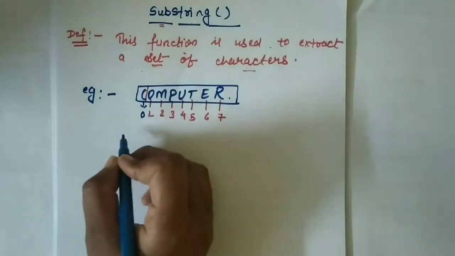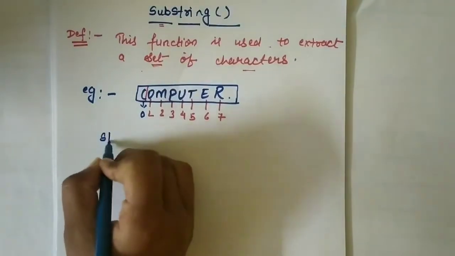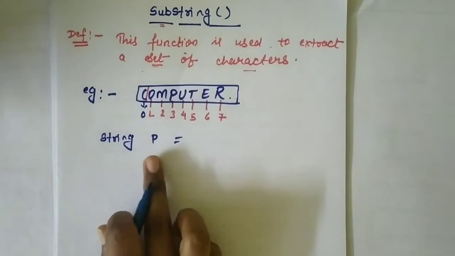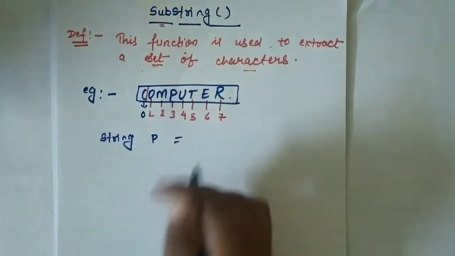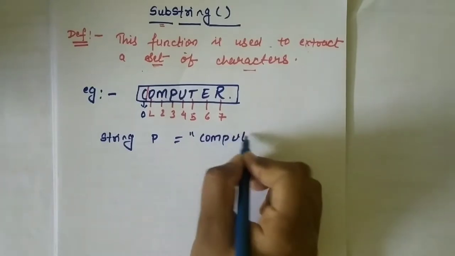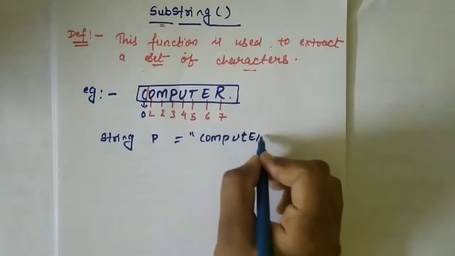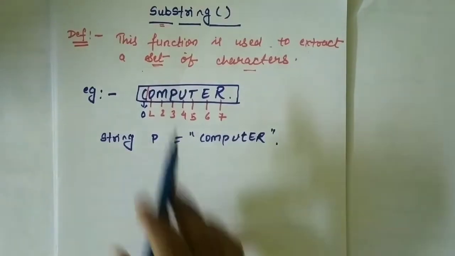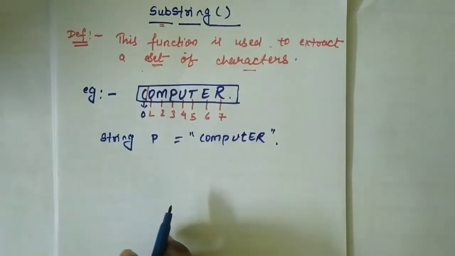So let's assign a string to p. Here p is a string variable that stores a string, and the string is computer. Then which function do we use? The substring function. How can we use the substring function?